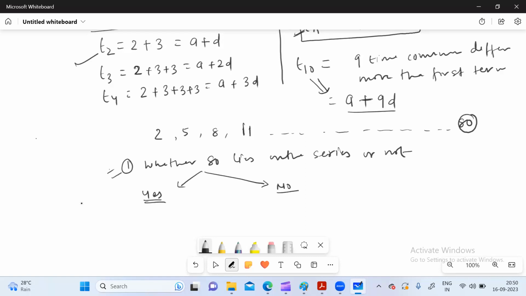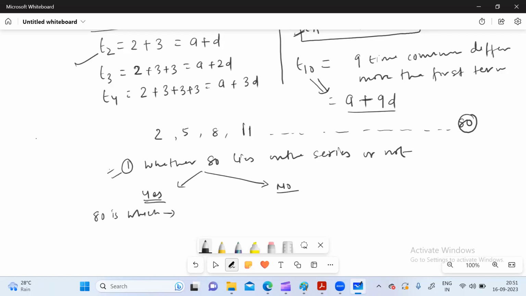The first question, because not every number is lucky enough to be in this series. If 11 is there, 12 will not be there in the series. So if 80 lies in this series, then you need to find 80 is which term?